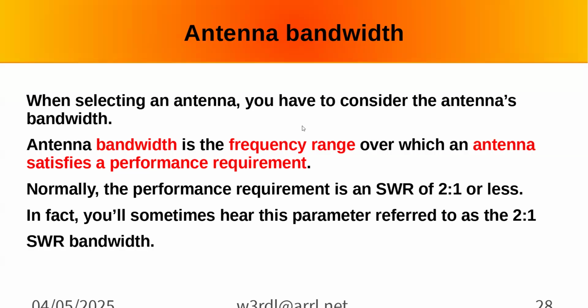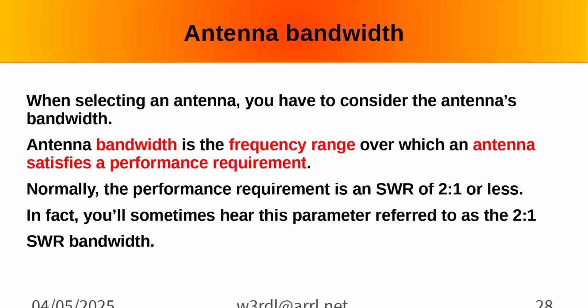And when we talk about broadband, the bandwidth, one of the definitions is the frequency range over which the antenna satisfies a performance requirement. Typically, they talk about an SWR of 2 to 1 or less. So whatever frequency range you can do with under 2 to 1, they call the bandwidth for that antenna, meeting that performance requirement.